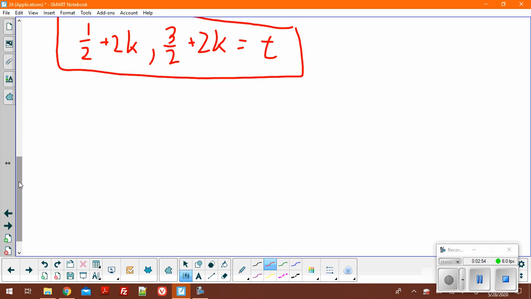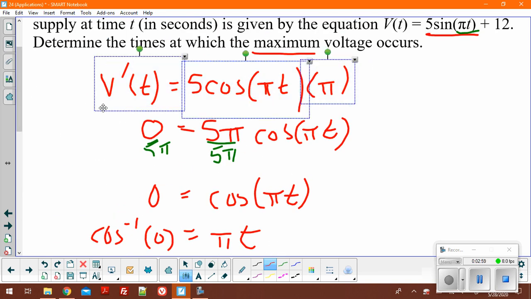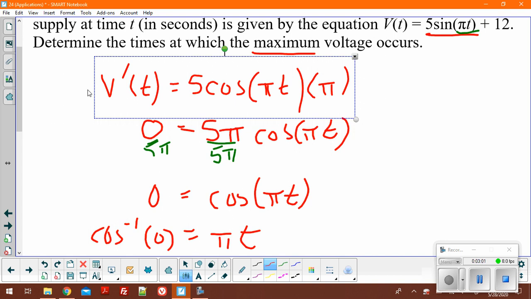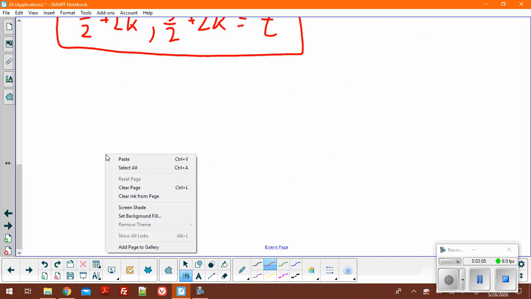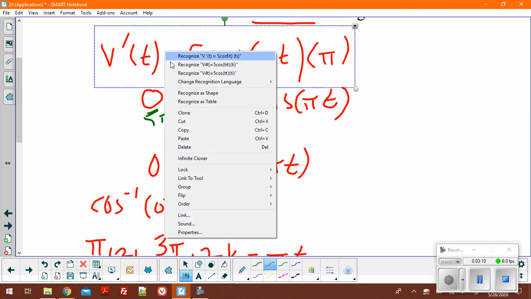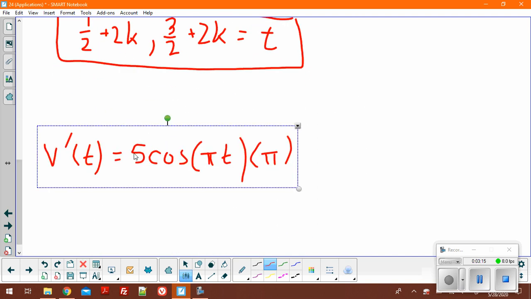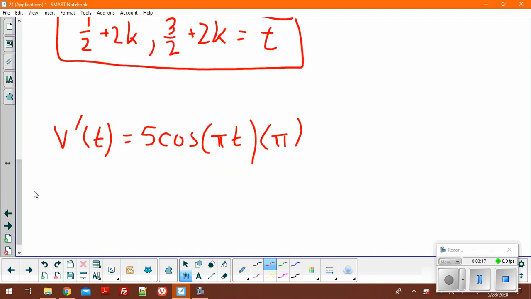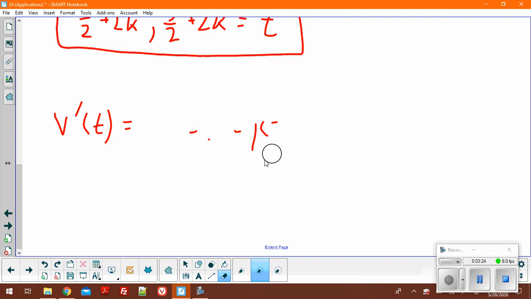We could do that with the second derivative test. So let's copy this out. Pardon me, this thing has not liked me today. Okay, there's my derivative. So let's do our second derivative, and actually, I should use the tidied up version. So that was 5 pi.